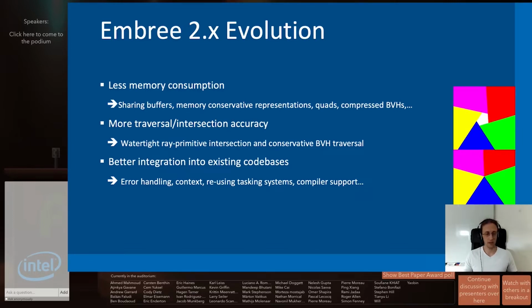We needed better error handling, supporting multiple contexts, reusing the application's tasking system and supporting the application's favorite compiler. And again, I have to emphasize, these were all features that were requested by the end user.